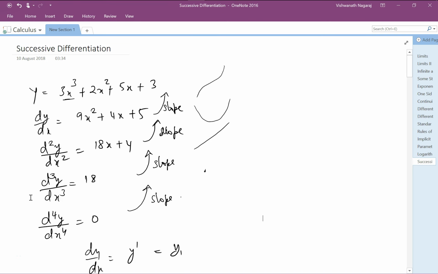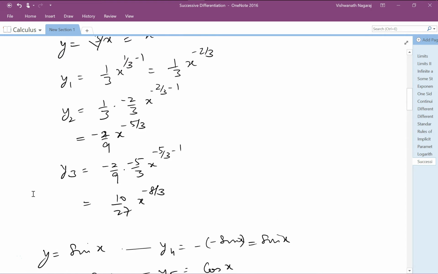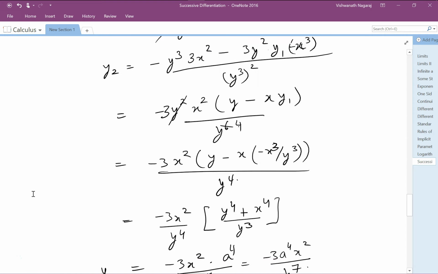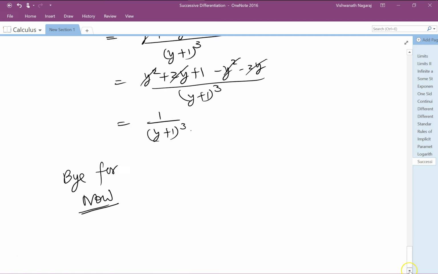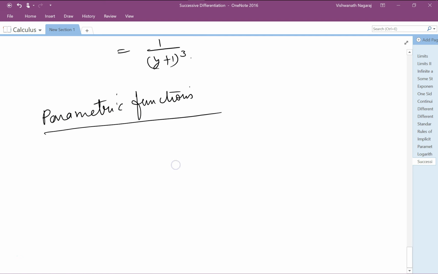Okay, we were looking at successive differentiation. We had looked at explicit functions, implicit functions. Now let's look at parametric functions. Remember, what are parametric functions? x is equal to f of t and y is equal to g of t.